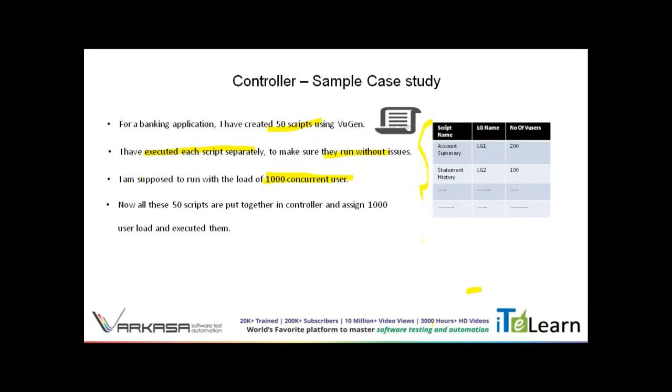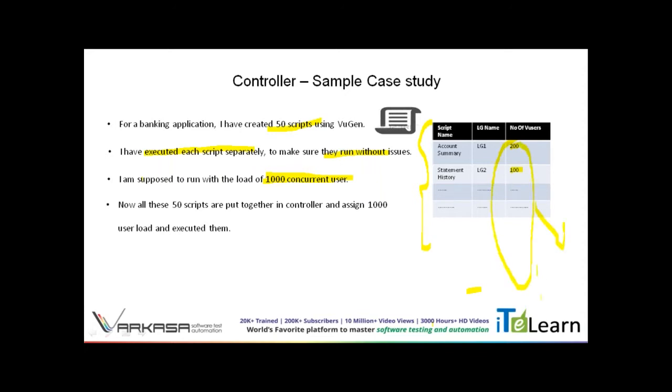You upload all these 50 scripts onto the controller, and you make sure that you're executing with 1,000 concurrent users. So account summary 200, statement history 100, balance transfer 150. Like this, for the 50 scripts, you assign the number of virtual users, and you add up all these virtual users for all the 50 groups.